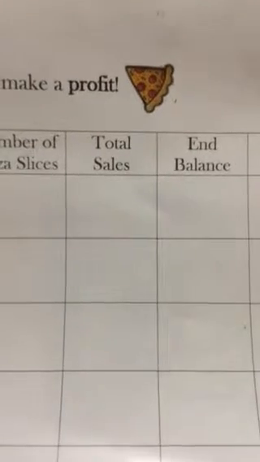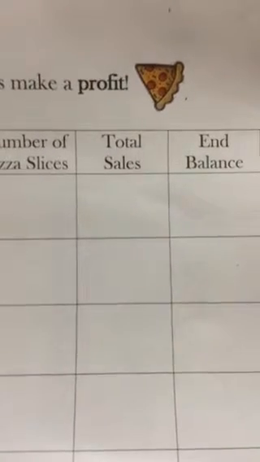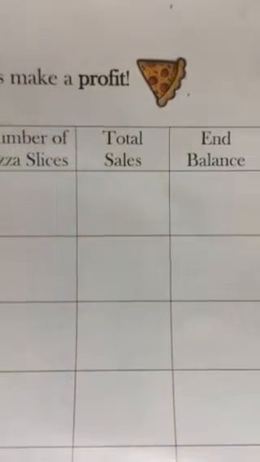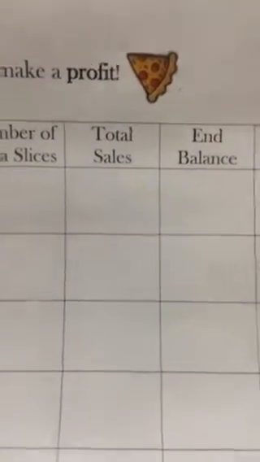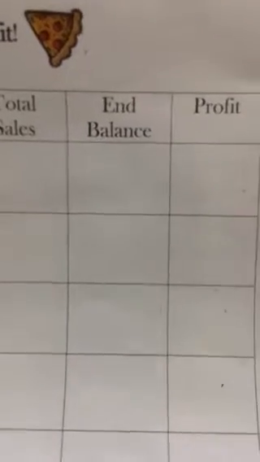The end balance is the total amount, or the final cash at hand, that the students will have after the pizza sale ends. And the profit is in the final column, and this is the most important column for the students to consider.